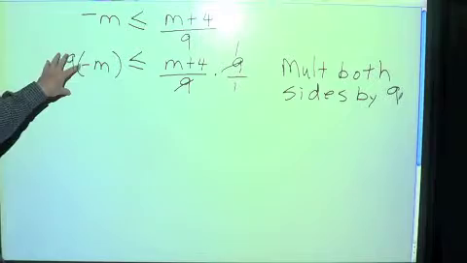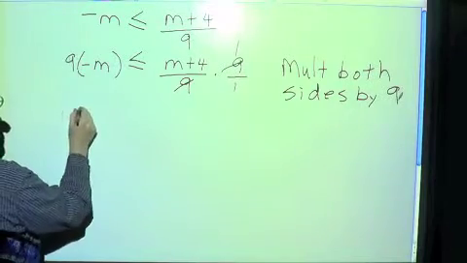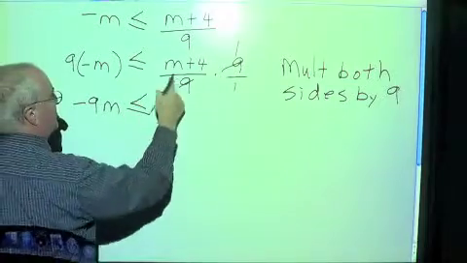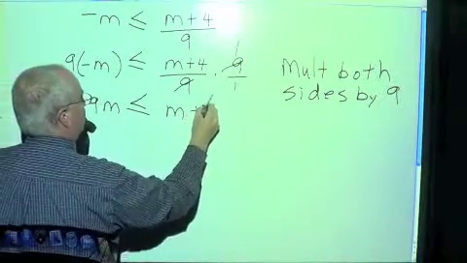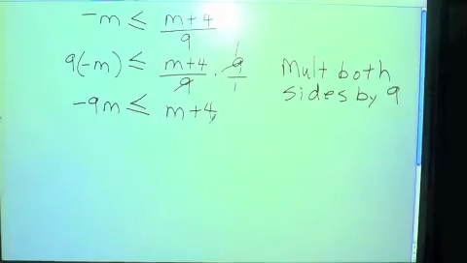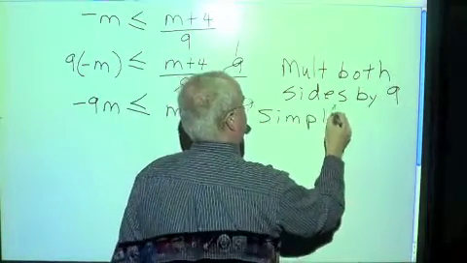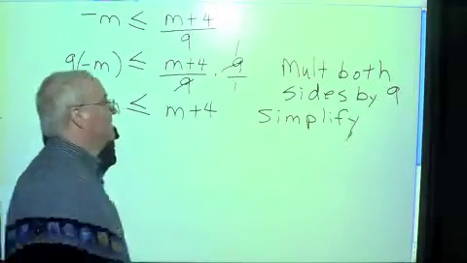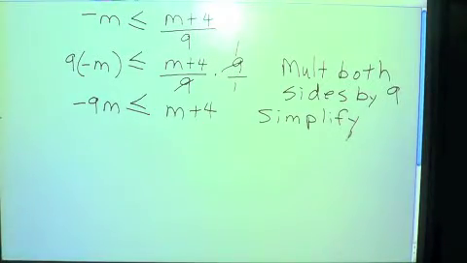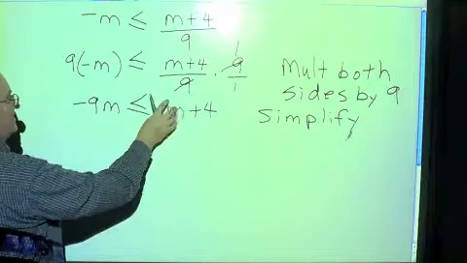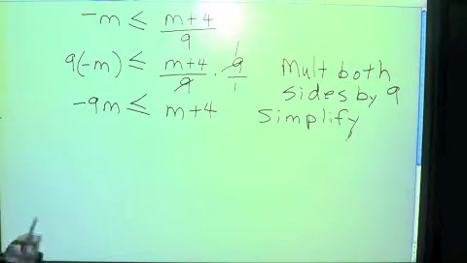Okay? Let's simplify. This becomes negative 9m less than or equal to what? M plus 4. Okay? Simplify. Alright. We've got m's on both sides, don't we? Got a positive m over here. We've got 9 negative m's over here. It'd be really nice to get this m over here. This is a positive. So what happens if we add a negative to it?